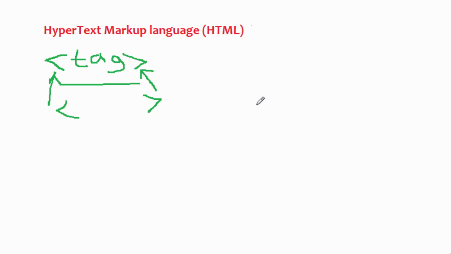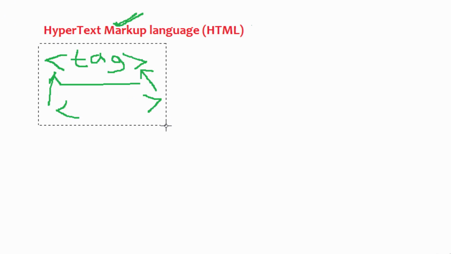Those are the rules of HTML. So we can say HTML is a language full of tags, and these tags are what we call markup. That is the reason why it is called hypertext markup language.